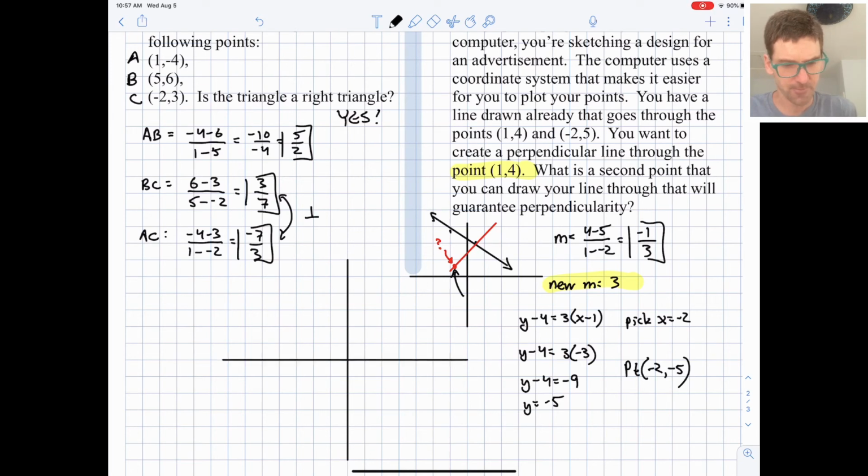My initial line went through (1, 4) and (negative 2, 5), and we have a line that we can draw. And we want my new perpendicular line to go through here. Let's make this guy red.